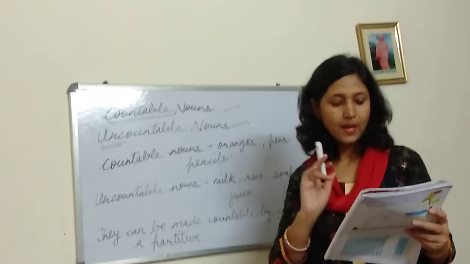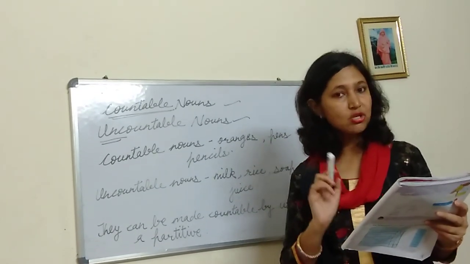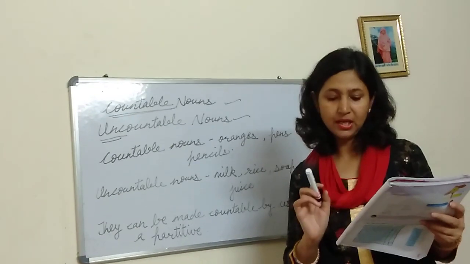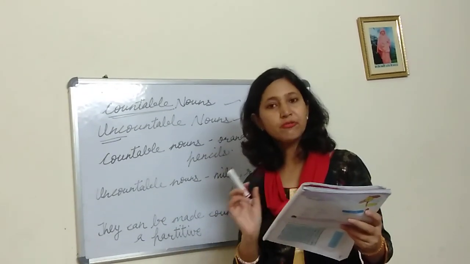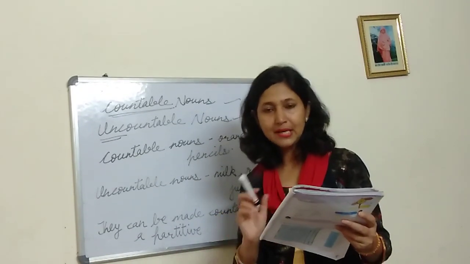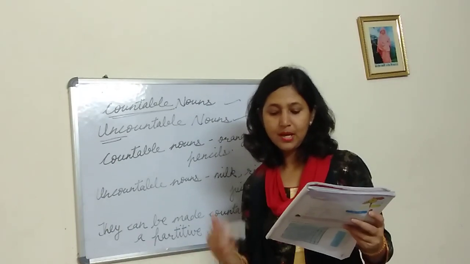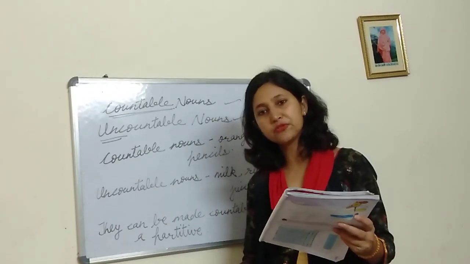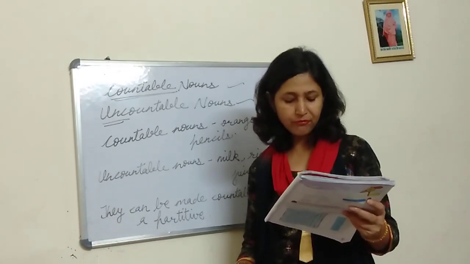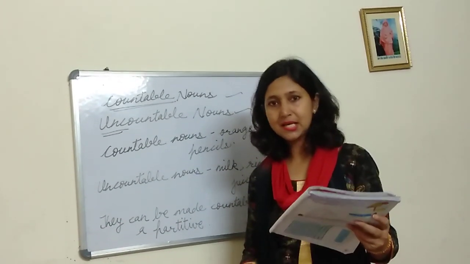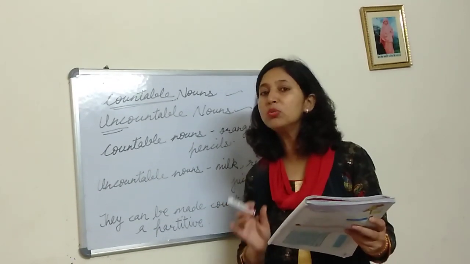Now children, a bottle of milk, a cup of tea, a jug of juice, a loaf of bread, a slice of bread, a bar of soap, a piece of chocolate, a bar of chocolate, a bag of flour, a slice of cheese, a tube of toothpaste.